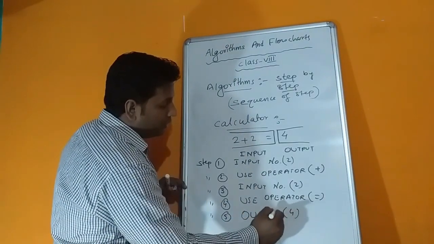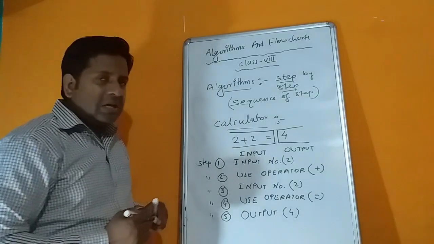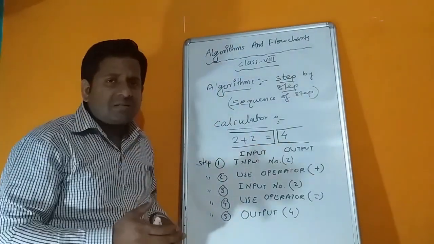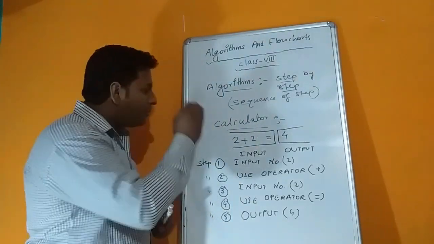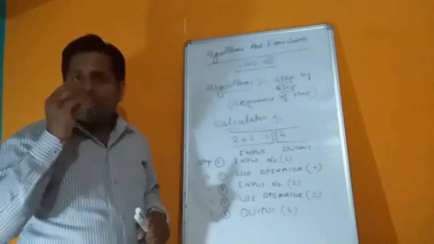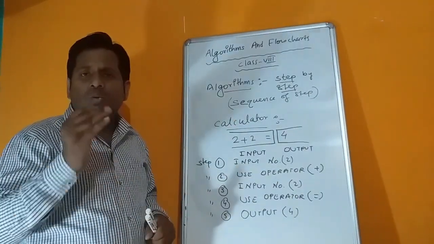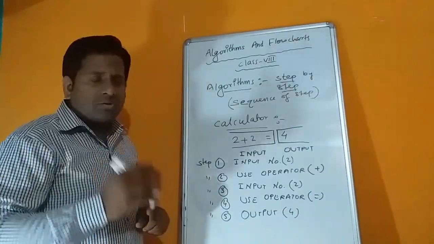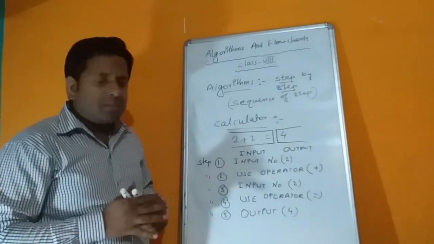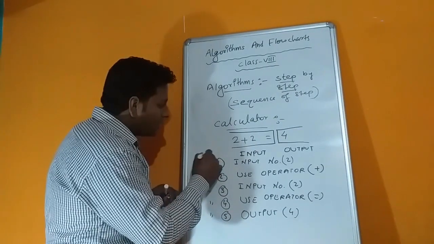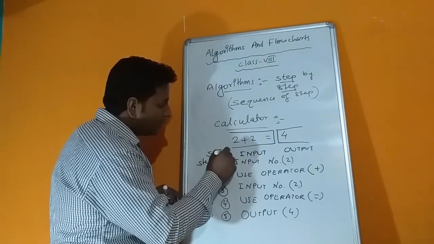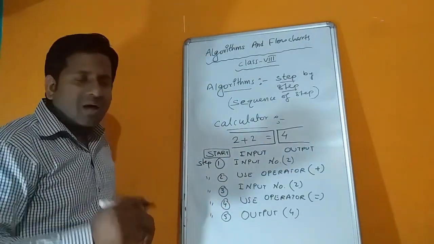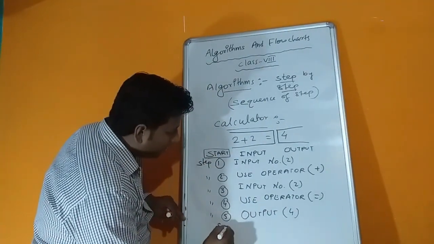That is 4, and see, these are the steps. If you're explaining to someone how to use the calculator so that they get a proper result, we have to tell them like this. But children, when we are writing an algorithm, the first step should be start, and the last step should be stop.